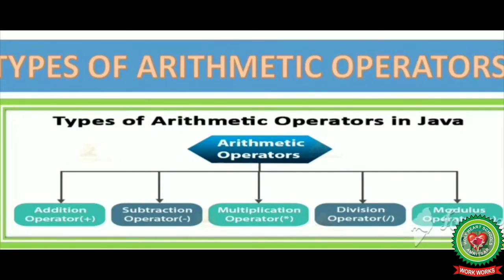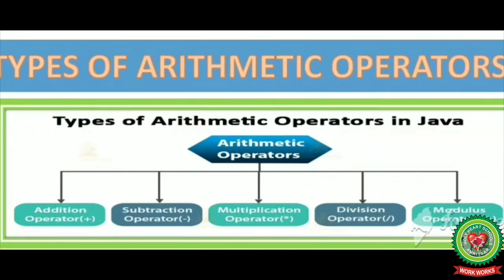So that is called division operator. And number 5 is modulus operator. This modulus operator gives the remainder. For example, if we write 4 modulus 2, we will get the remainder, that is 0. So this way we can use the different arithmetic operators in Java.